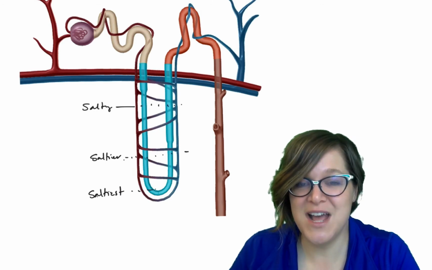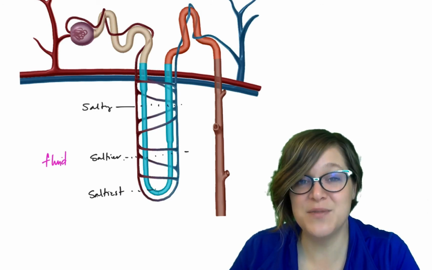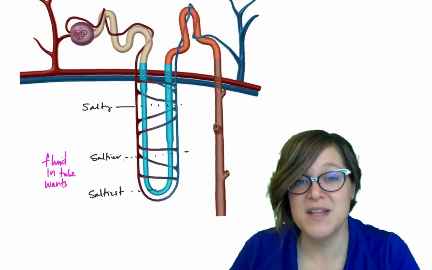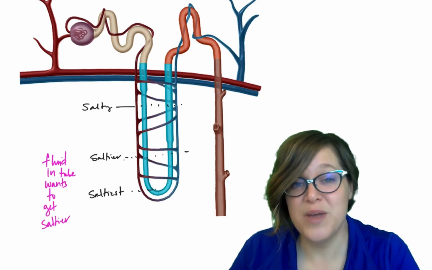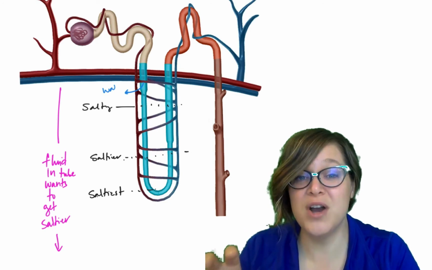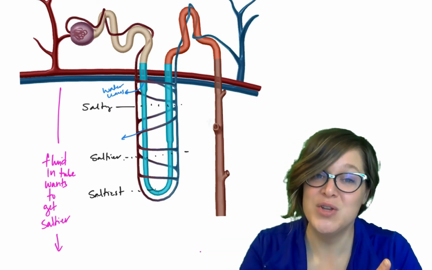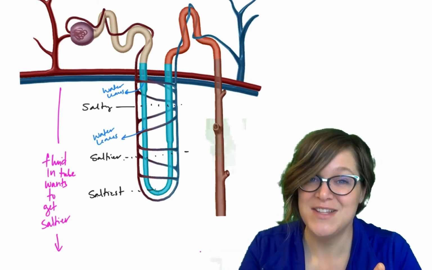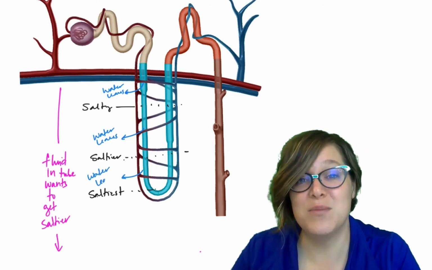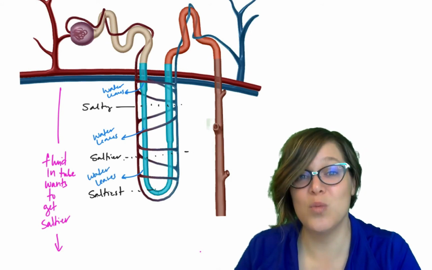So on the way down, what's going to happen is the fluid inside of that loop is going to try to equilibrate with the area outside. This means that water from the inside is going to go to the outside. So the urine is going to get more concentrated because it's losing water.